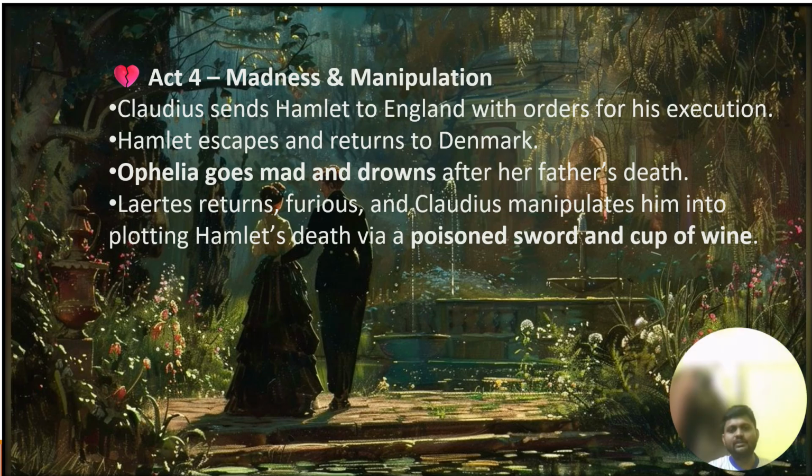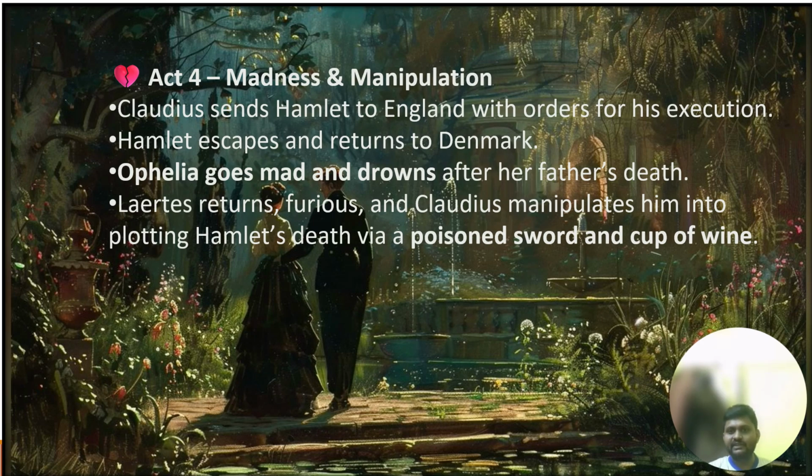Act 4 of the play is about madness and manipulation. Claudius sends Hamlet to England with a letter handed over to him. The letter had Hamlet's execution order.